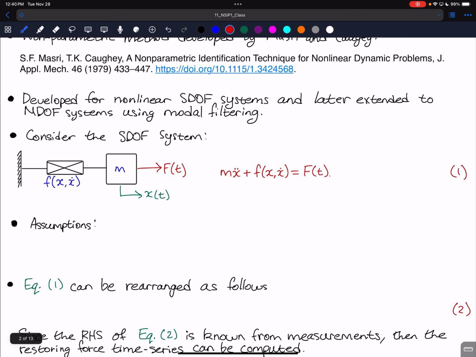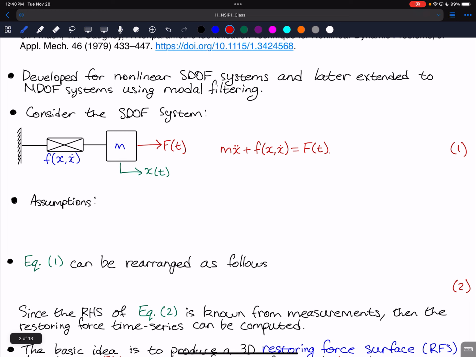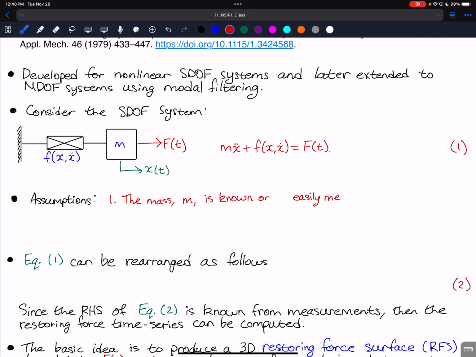We're going to make the following assumptions for this method. First, that the mass m is known or at least easily measured.